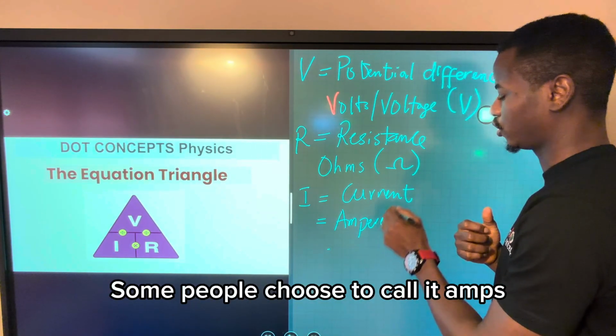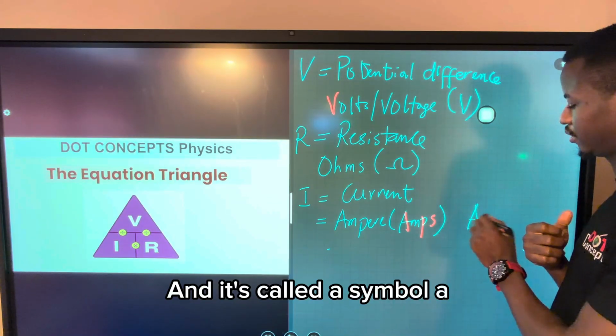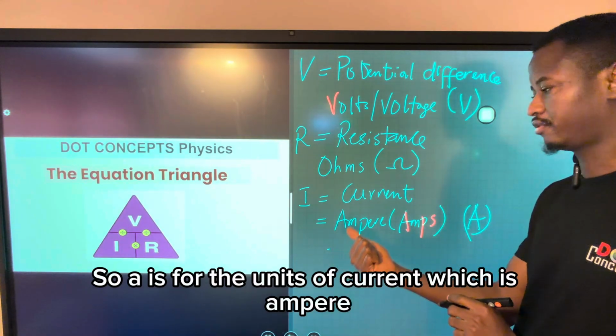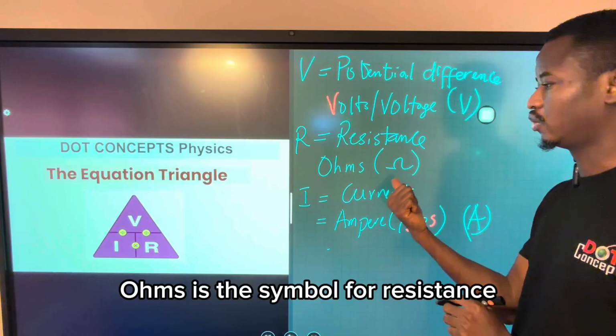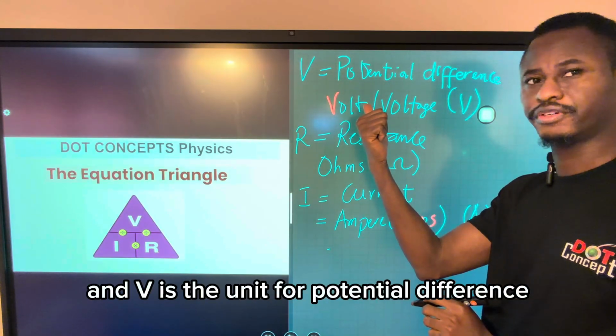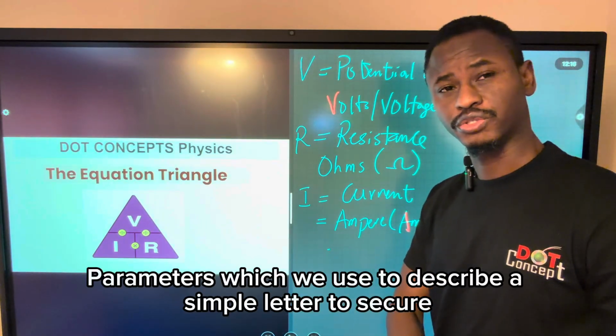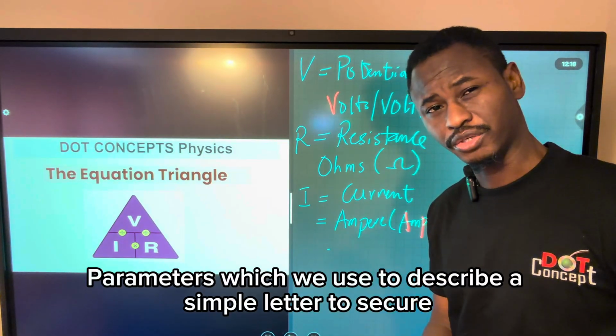Some people call it amps, and it's got a symbol A. So A is the unit of current, ohm is the unit for resistance, and V is the unit for potential difference. These are the three parameters we use to describe a simple electric circuit.